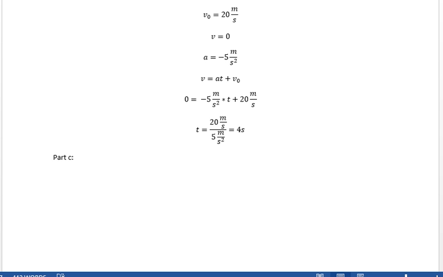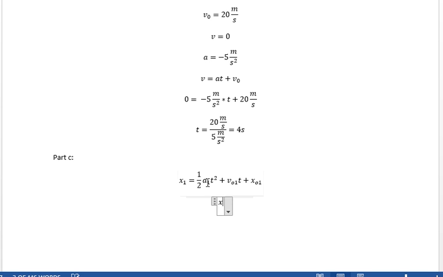In the first part, we have x = ½at², and I'm going to label these x₁ and a₁. The initial velocity in the first part of the problem is 0, so that term goes away, and the initial position is also 0.